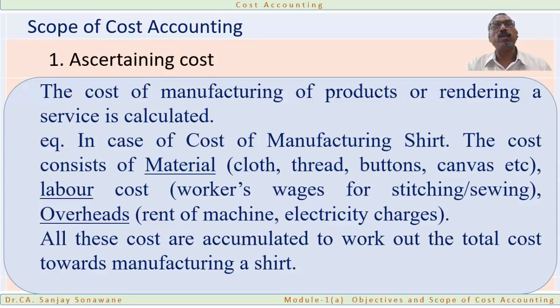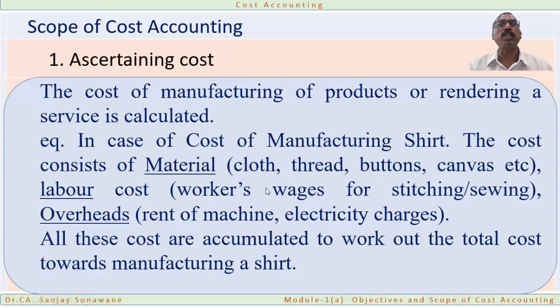Now let us take a practical example, and the practical example is that we are manufacturing a shirt. So what are the requirements for the shirt? When you want to manufacture a shirt, you will require some material. So let us study the material only, and how the cost is determined. If you talk about the material, the cost of material consists of what?